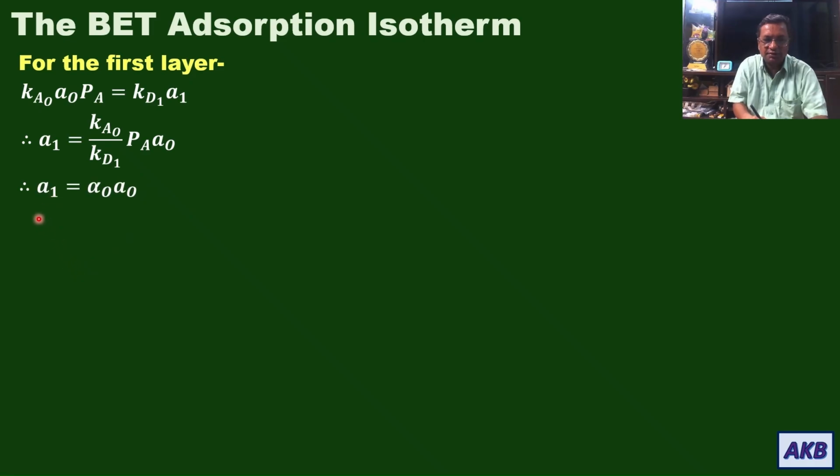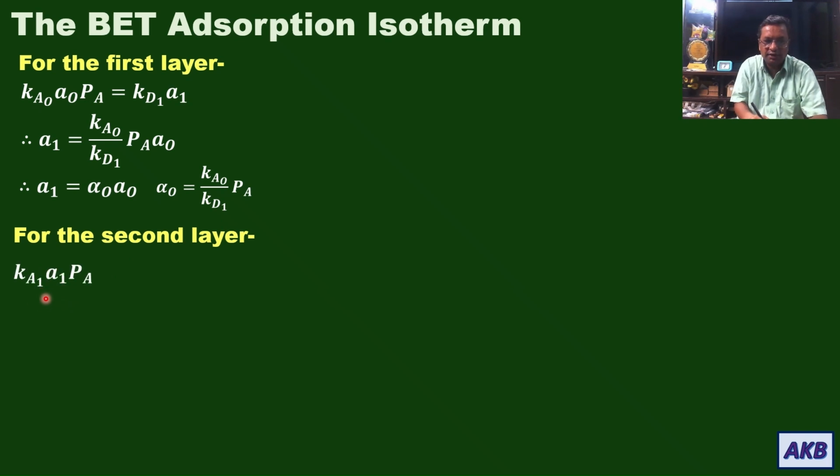So that gives me this equation: A1 is equal to alpha naught into A0. And what is alpha naught? Alpha naught is Ka0 divided by Kd1 into Pa. Similarly, for the second layer, we have this equation Ka1 into A1 into Pa, that is equal to Kd2 into A2. And then we will get the equation for A2, which is Ka1 upon Kd2 into A1 into Pa. And I'm going to call this equation number 10.